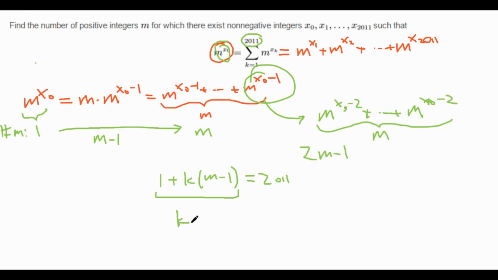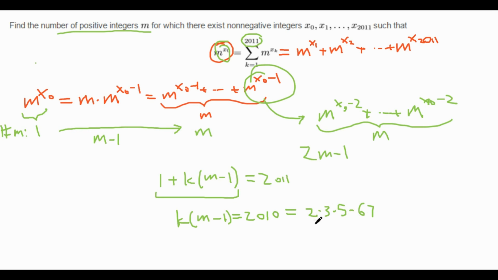So now we just need to solve this equation. First we can move the 1 to the other side. And now note that k and m minus 1 are both integers. So in fact, we can solve for all possible values of m by simply factorizing 2010 and finding the number of its factors.